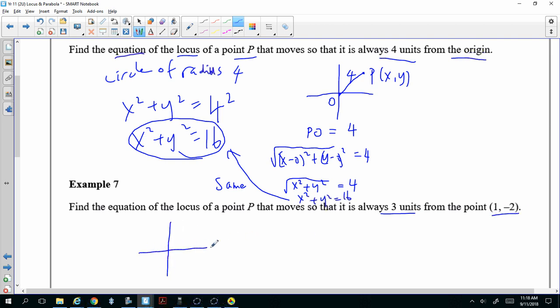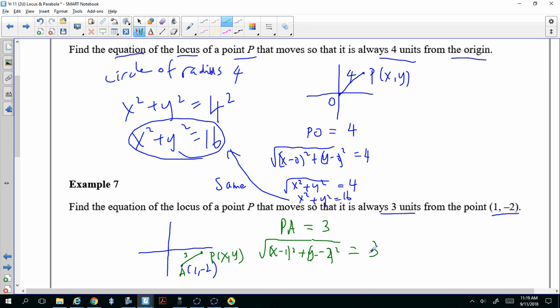You go 1 across, negative 2, so that's the point. And the point P moves in such a way that the distance from that point is always 3 units. So you use the same rule. You can just use the distance formula. Let's call that point A. PA is always 3 units. Using the distance formula, x minus 1 all squared plus y minus negative 2 all squared, square root, equals 3.